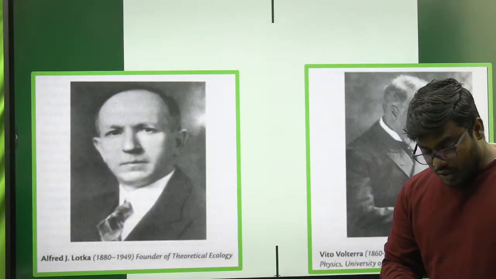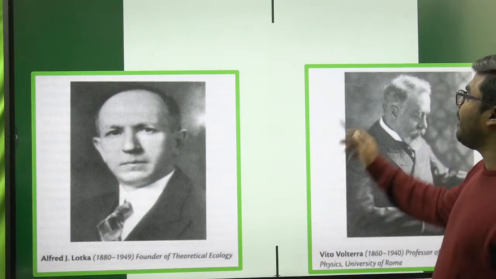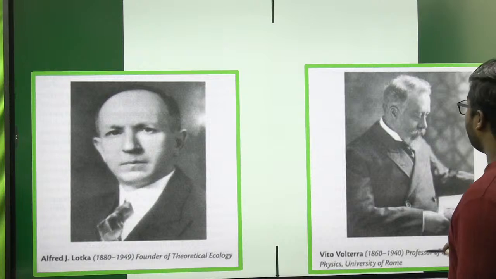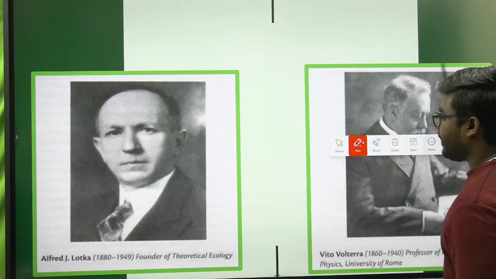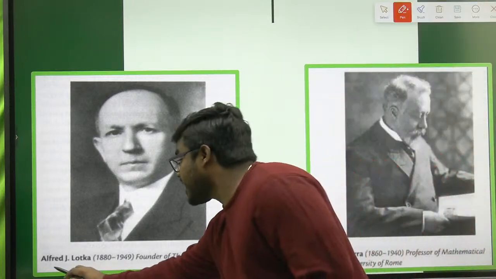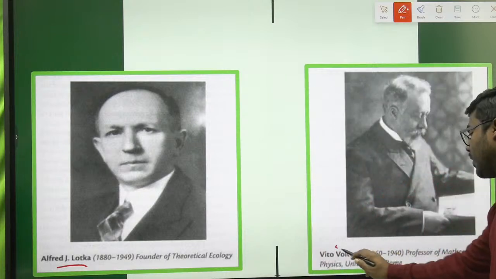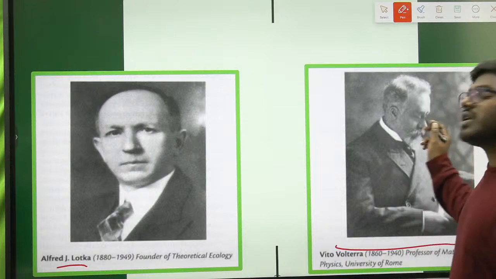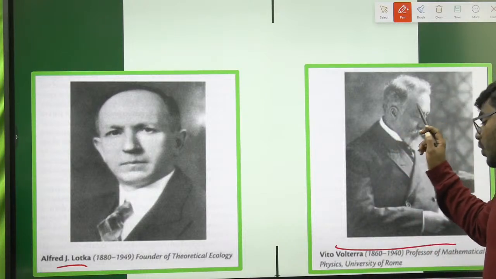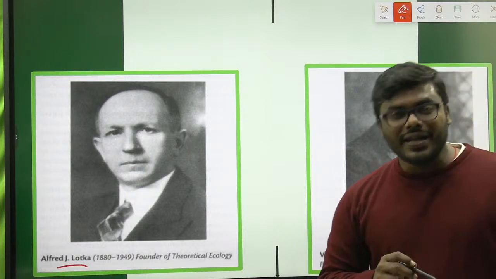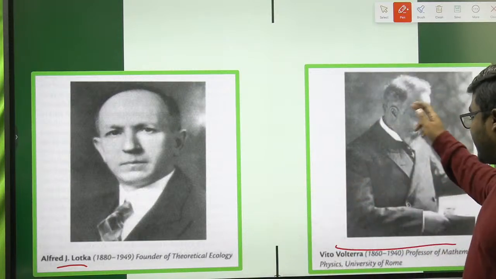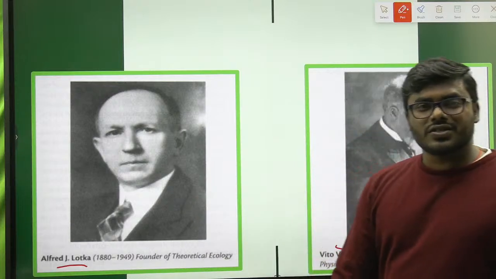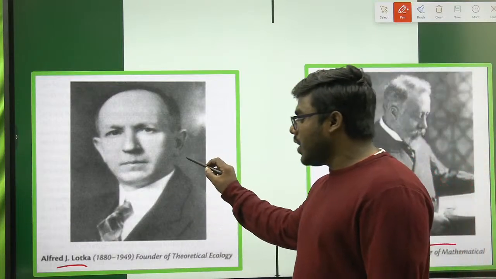So friends, to explain this particular competition, two intelligent scientists, named Alfred J. Lotka and Vito Volterra. Vito Volterra was a professor of mathematical physics at the University of Rome, in the 19th century, one of the reputed physics professors of that time. And there is an interesting piece of news about Lotka.